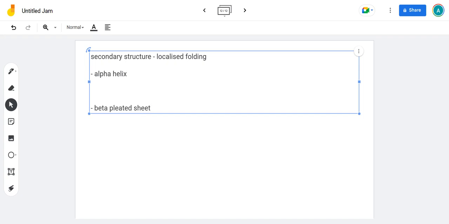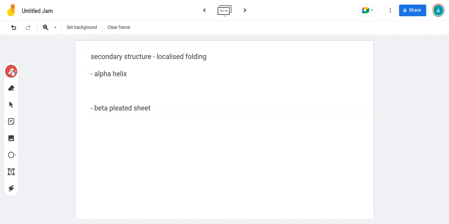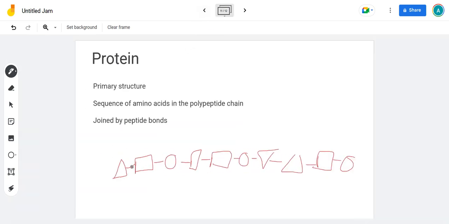Okay, sometimes you'll see the alpha drawn as the symbol like this. Sometimes you'll see the beta drawn as a symbol like that. It's intentionally got this long tail here. So that long chain of amino acids here, this bit here might be folded into a little helix. This bit here might be a beta pleated sheet.